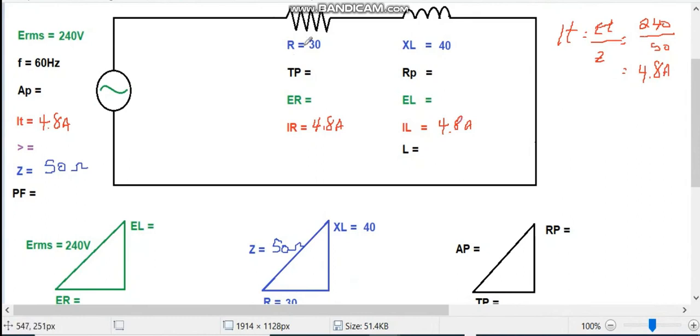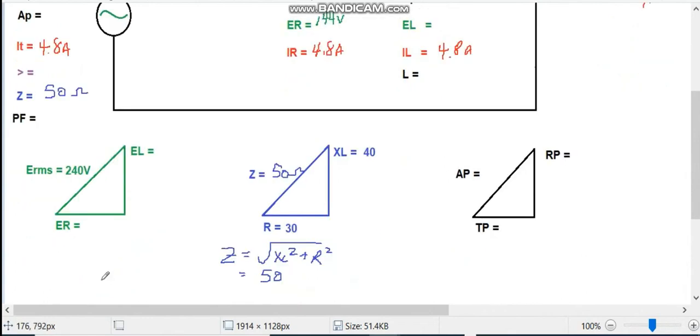Okay, we have our resistance, we have our current, we can find our value of voltage drops just using Ohm's law, E equals I times R. So 4.8 times 30 ohms, I get 144 volts here. And I can also place that on my resistor line over here. I'm going to put that right there, 144.